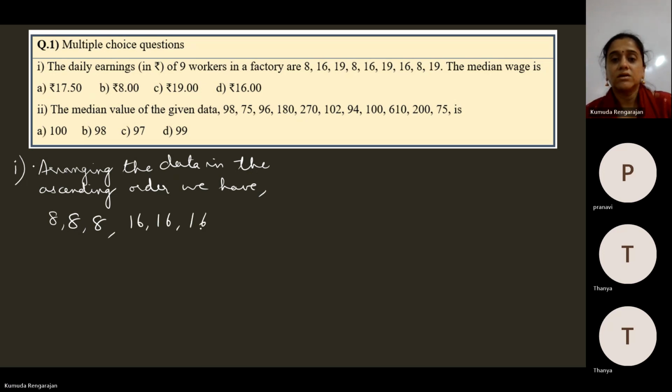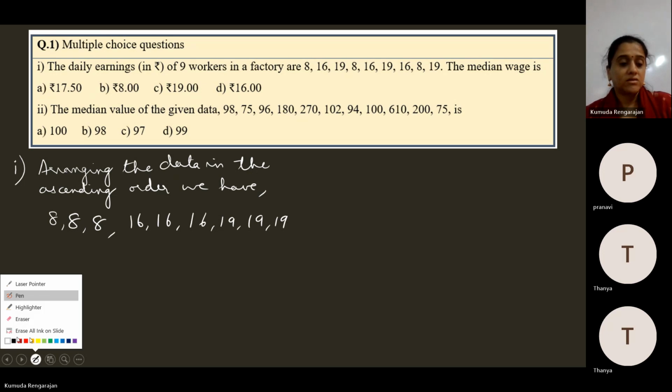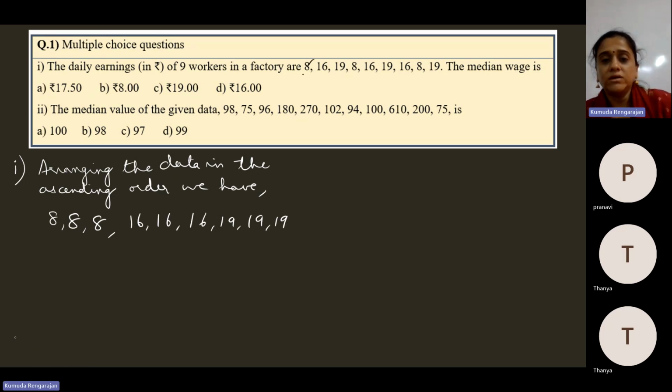Correct? And then how many 19s? 1, 2, 3 19s. So I'm just checking. 1, 2, 3 8s. 1, 2, 3 16s. 1, 2, 3 19s. Yeah. 3 8s, 3 16s, and 3 19s.